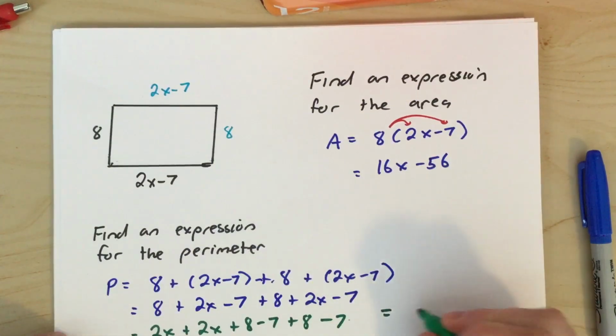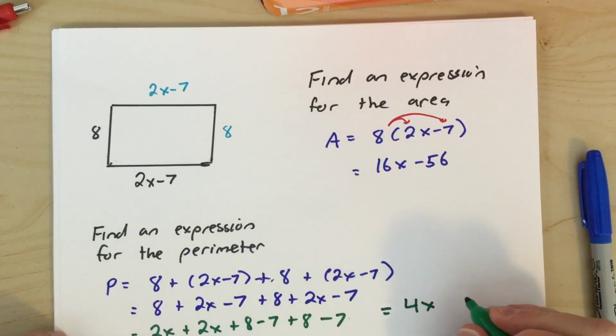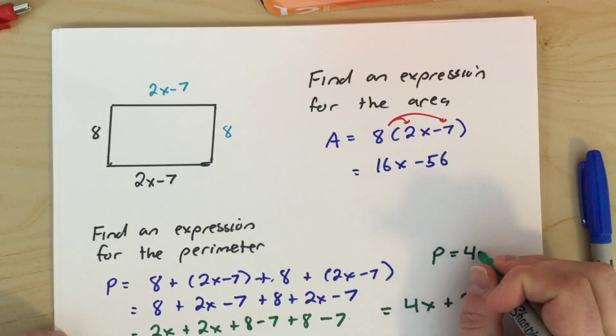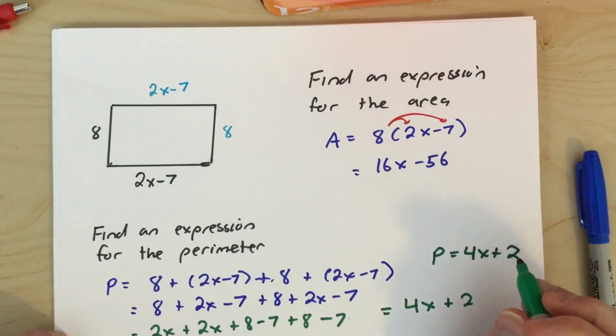It's going to be 4x plus 2. So the perimeter is going to be 4x plus 2.